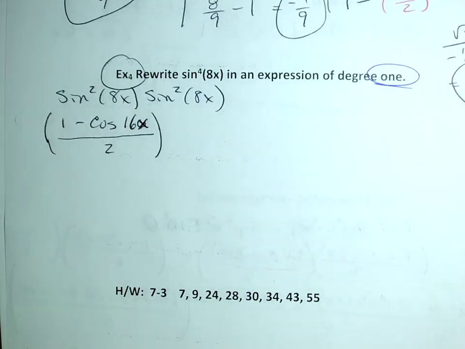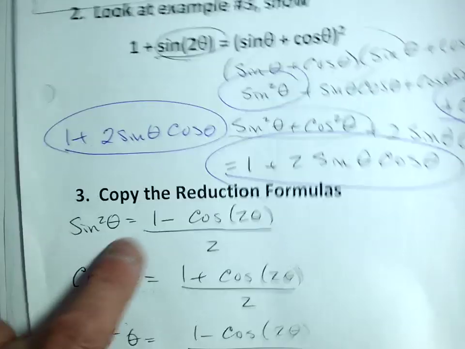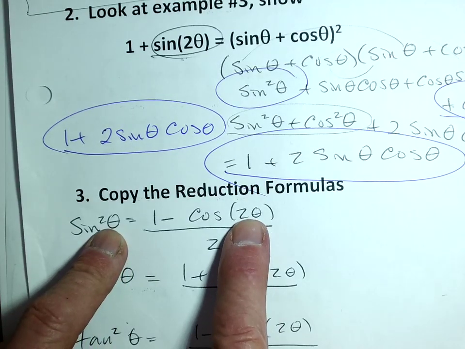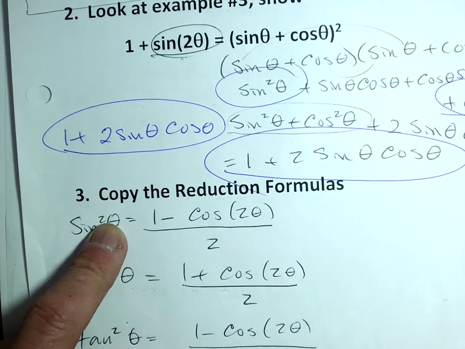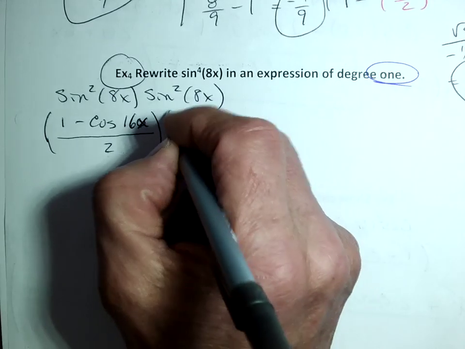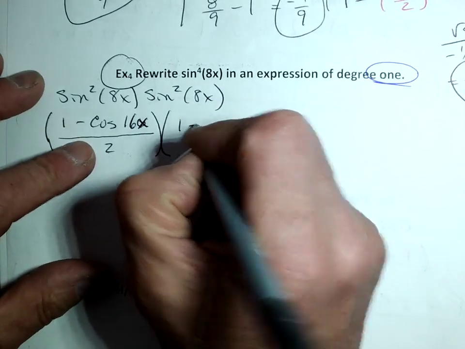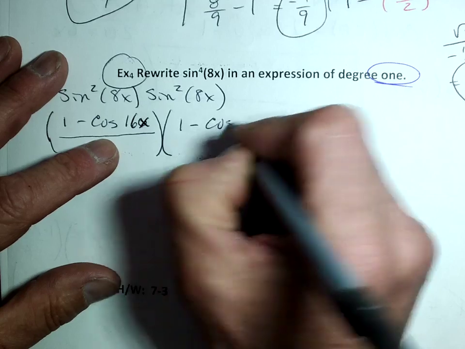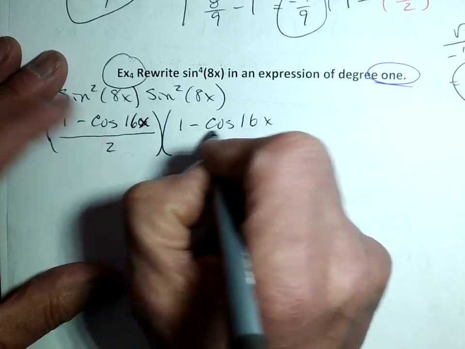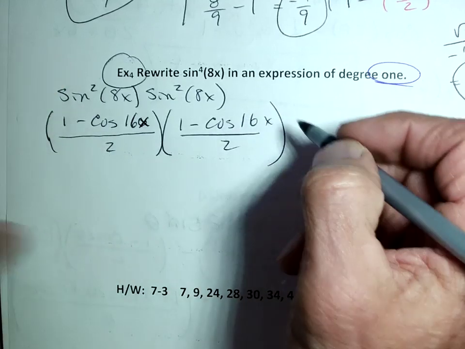And the reason it became a 16x is because my identity says you go from theta to 2 theta, times by 2. Everybody agree with that? And I'm going to do that again. Another 1 minus a cosine of 16x over 2. All right, how am I doing?